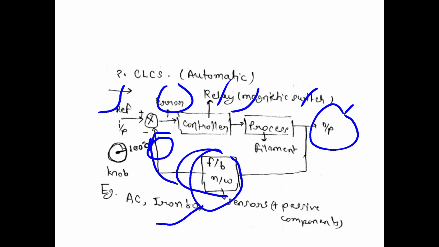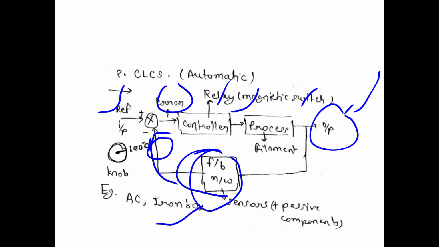And so that's why the controller senses that there is a positive error. The controller will turn on, and the processor will take its action. Here the processor is the filament, and the output will be the desired amount of heat.